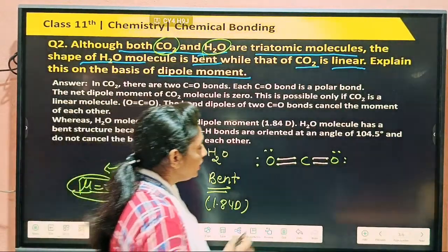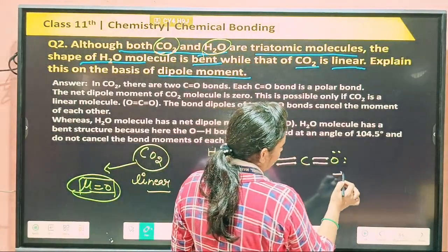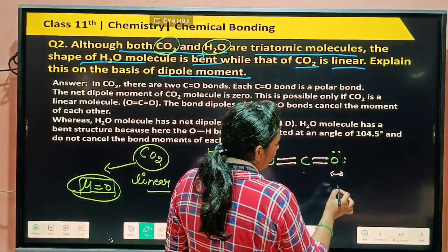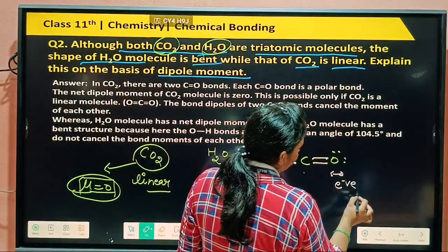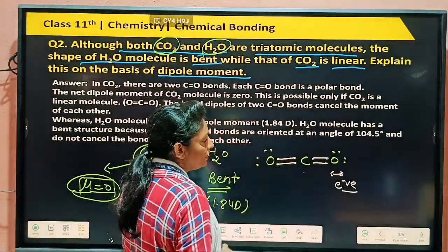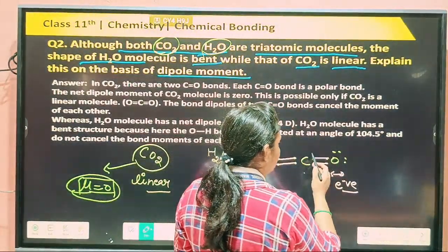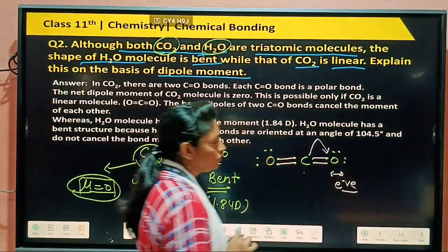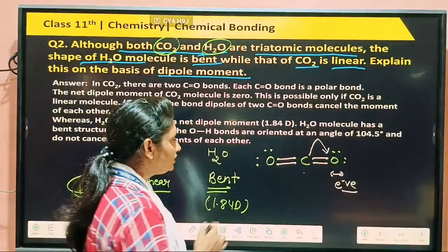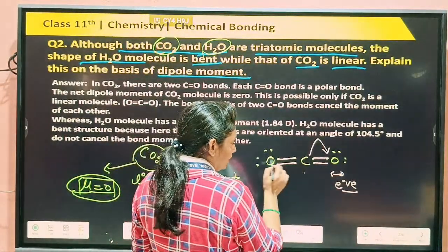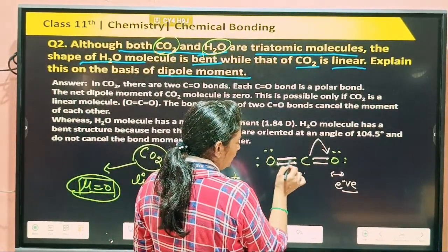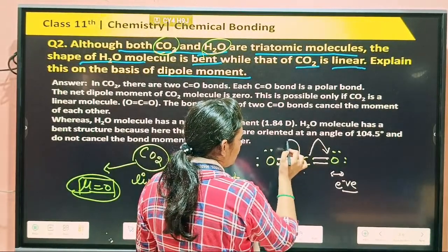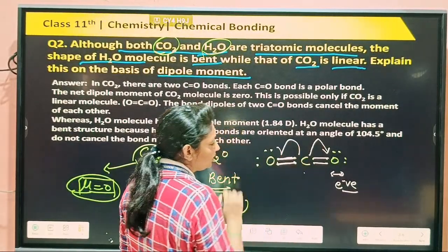Students, you know, here oxygen is more electronegative as compared to carbon. So this oxygen will attract the electrons of carbon towards itself. But the same element, oxygen, is attached in the opposite direction.